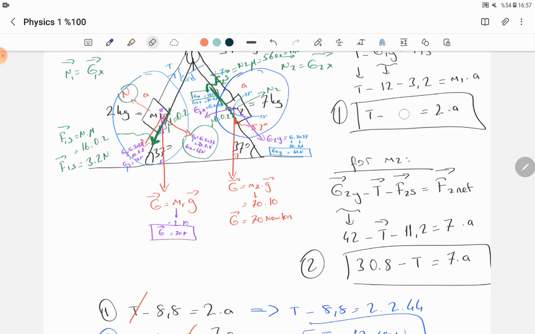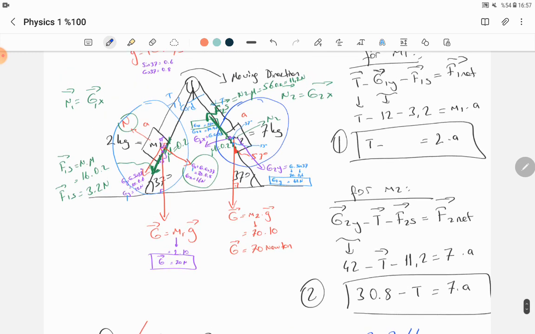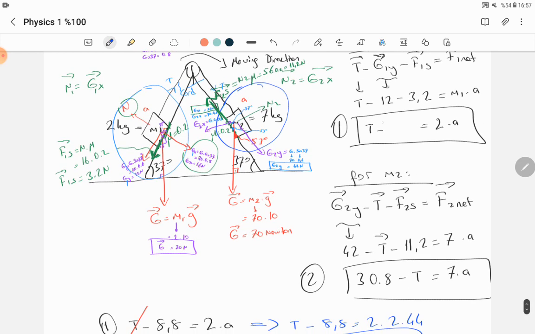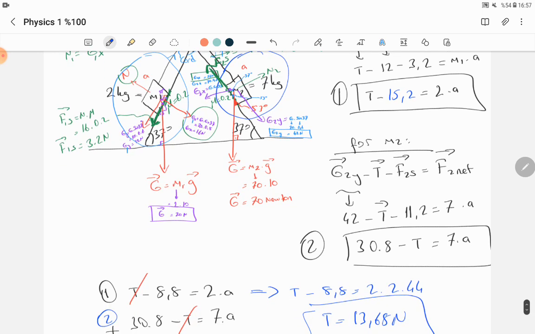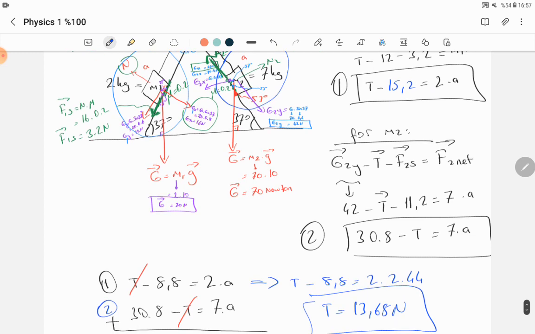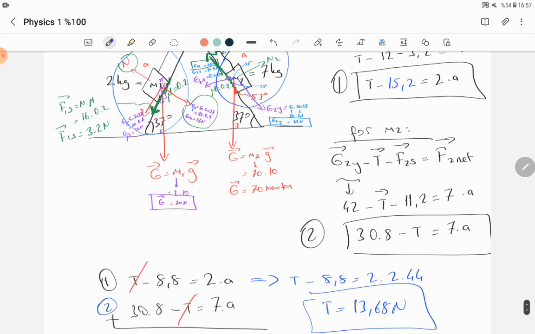So that value is, yes, and there's a change to this value.